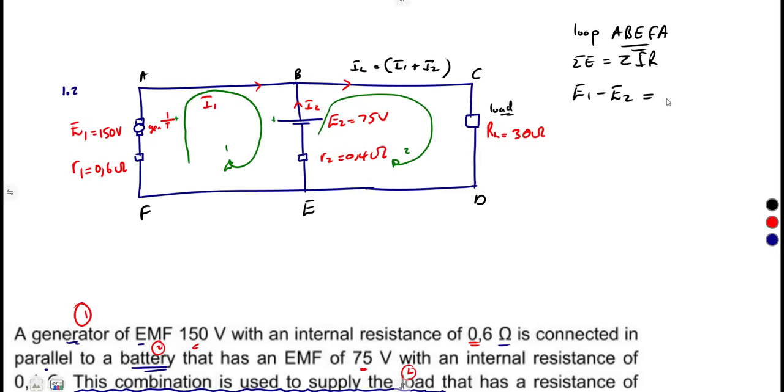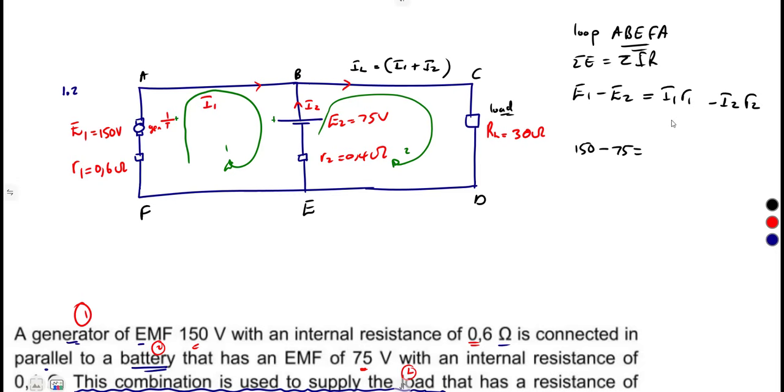So that's positive, current times resistance, the voltage drop. Then from B to E, we are opposing the direction of the current as presented on our diagram. So that's negative I2 times R2.